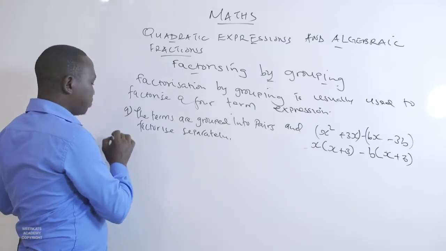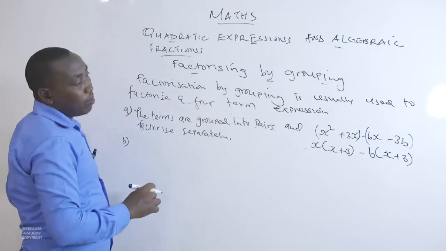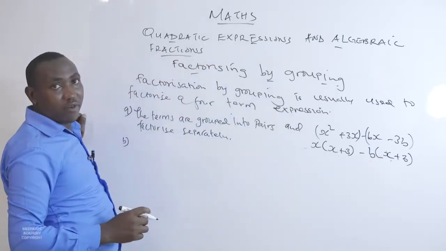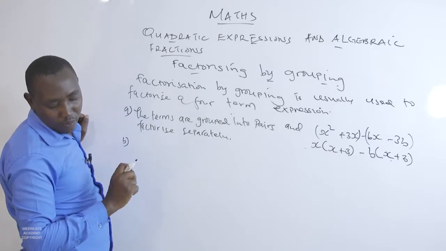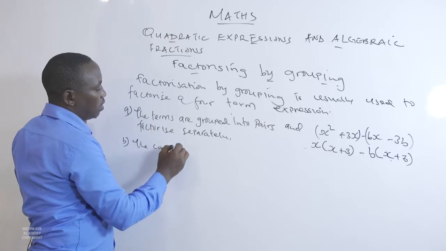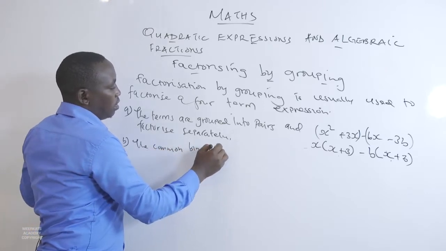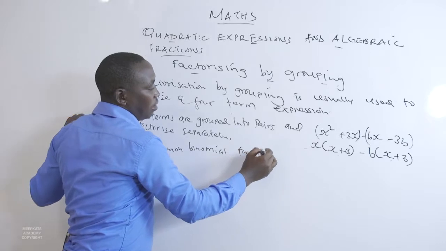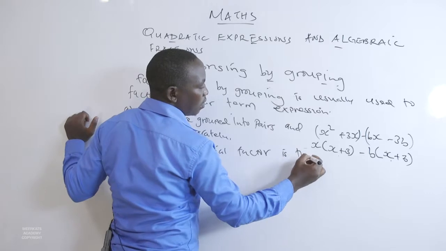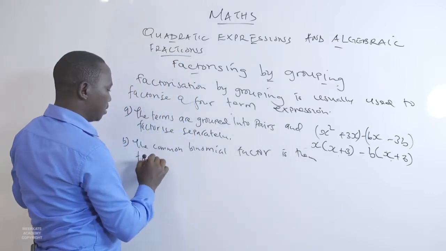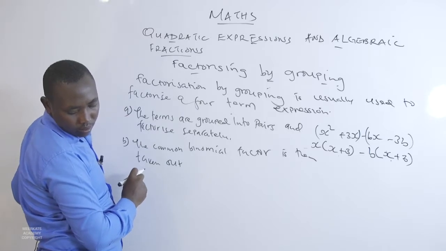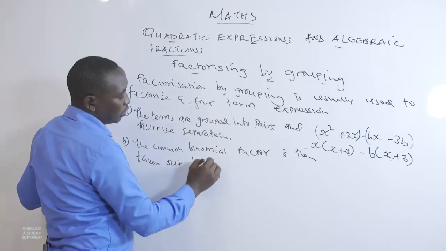Number 2, the common binomial. As you can see, there is a common term. We refer to it as the common binomial factor. The common binomial factor is then taken out to complete factorization.